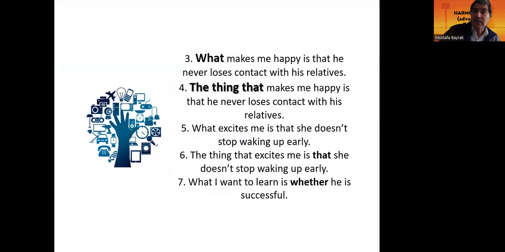Three, what makes me happy is the subject. What makes me happy is that he never loses contact with his relatives. What makes me happy is the subject, and that he never loses contact with his relatives is the object, the second part.